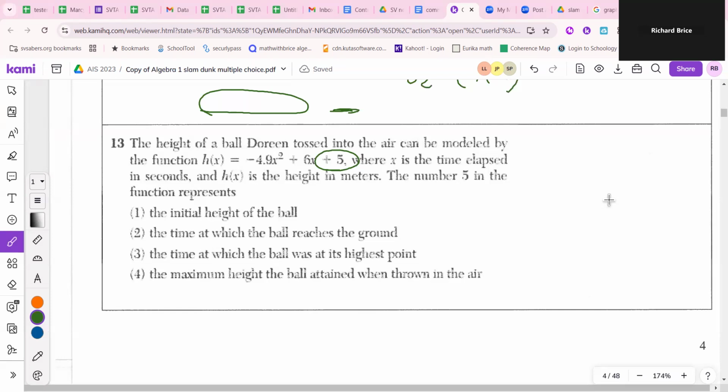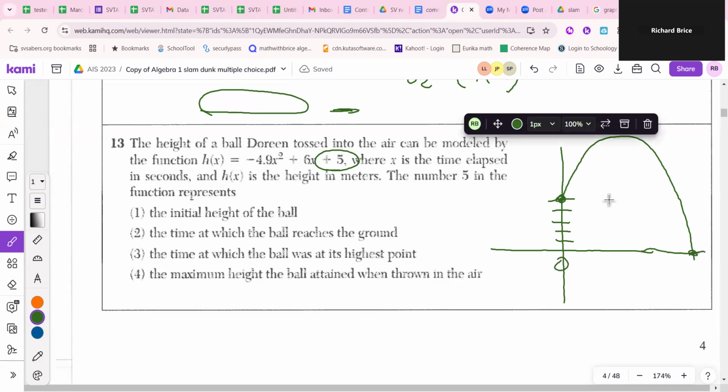Okay, so the number 5 represents what? Well, it represents the y-intercept. The ball gets tossed up in the air and down. So, what do you think 5 is?